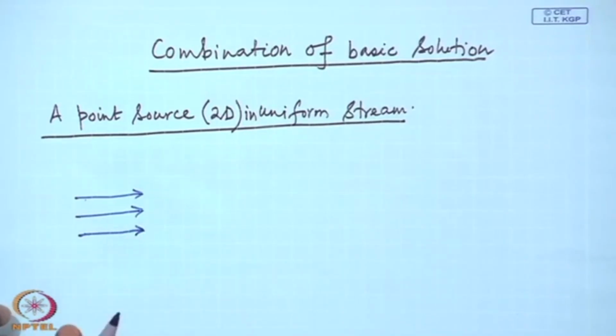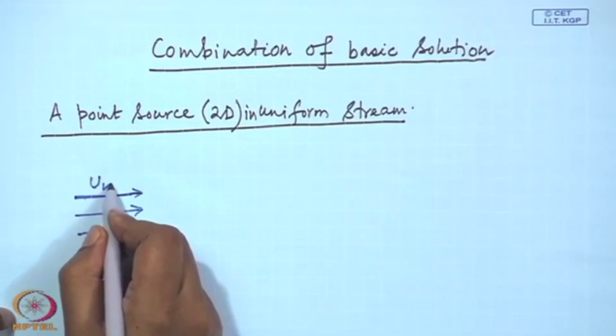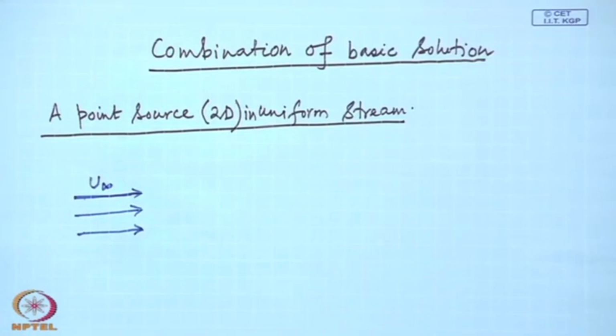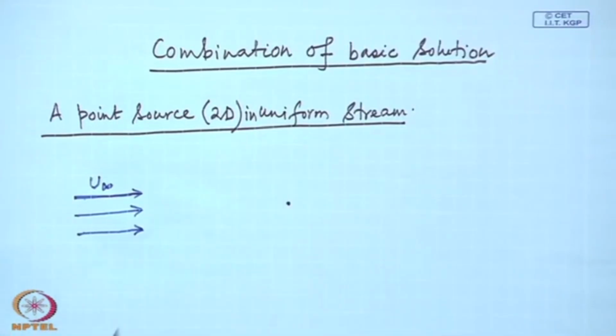A uniform stream is always represented by just a few parallel lines with of course arrows to give the direction of the flow, and the flow velocity in the x direction we simply call u infinity, and we place a point source in it. This is the point source, a two dimensional point source or an infinite line source. And we take the location of the point source as our origin. This is just for convenience.